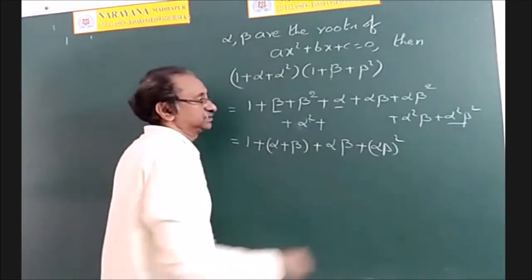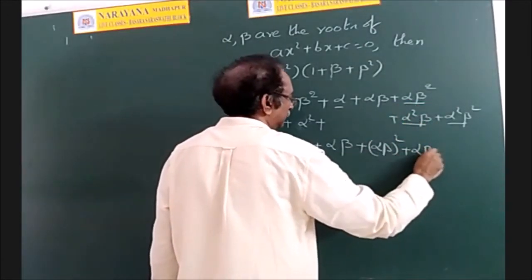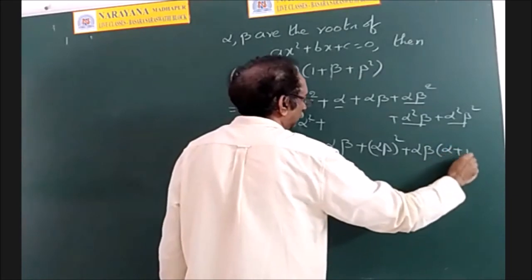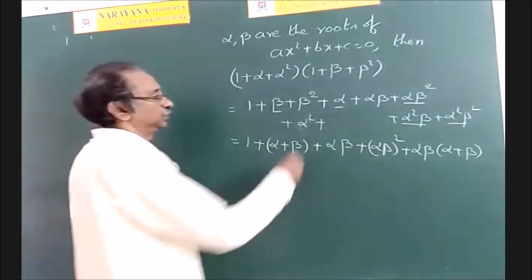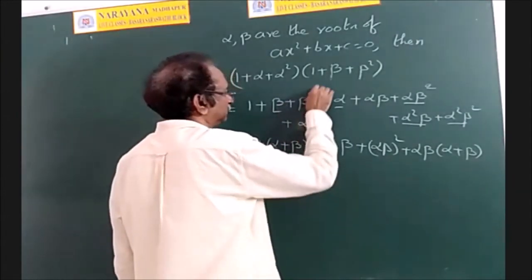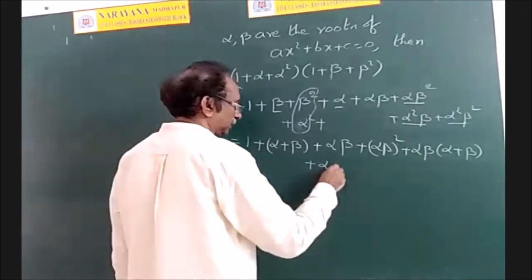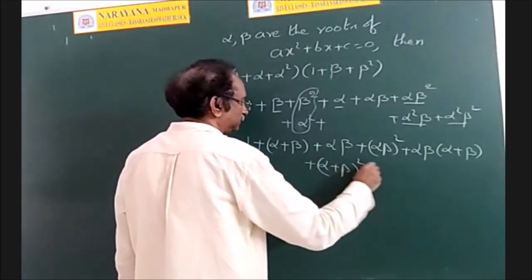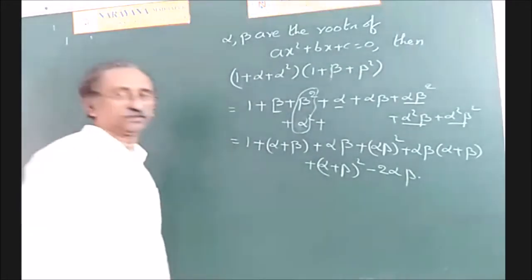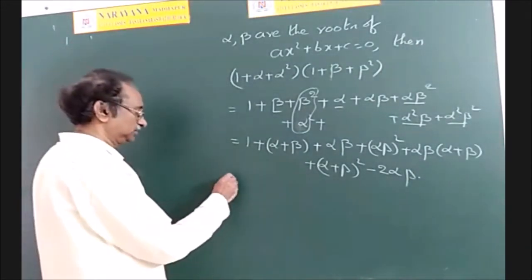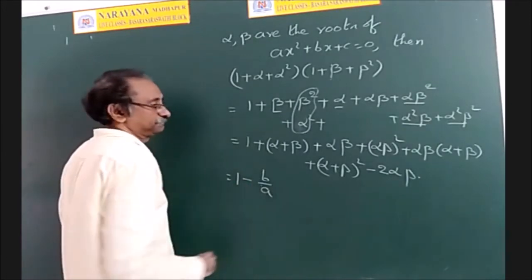I can change that. And see, in these two expressions, take alpha beta common. The remaining one is alpha plus beta, so that also I know. And the final expression is alpha square plus beta square, which can be written as alpha plus beta whole square minus 2 alpha beta. So everything is ready. So this is 1 and this is minus b by a.